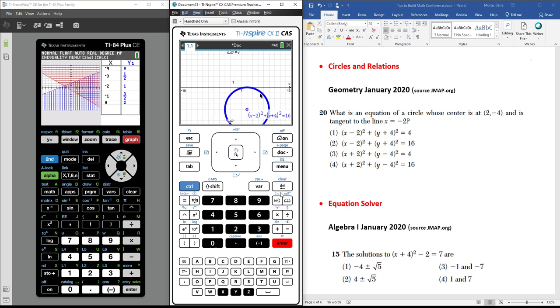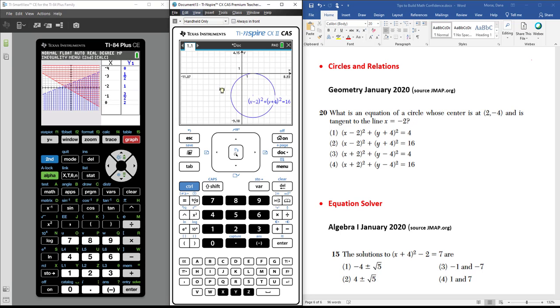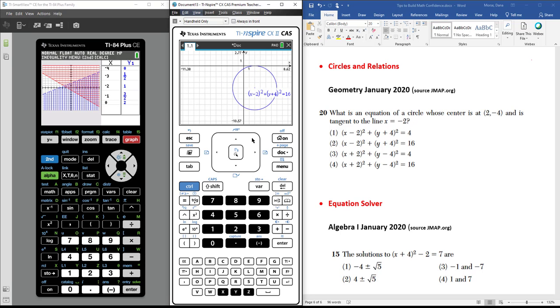When I press enter, I can grab and move the graph paper appropriately because the Inspire is a drag and move action consequence. But we also need to see x equals negative 2. I hit tab, x equals negative 2, enter. I see a tangent right there.